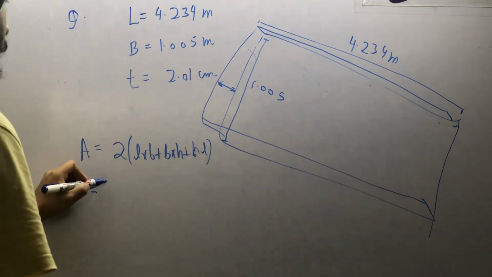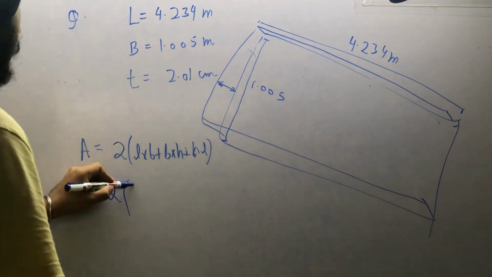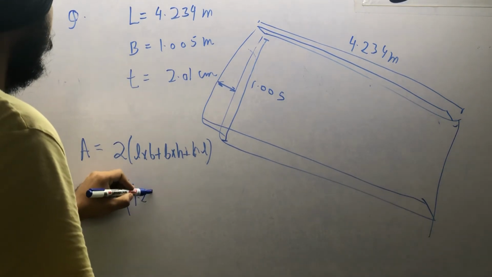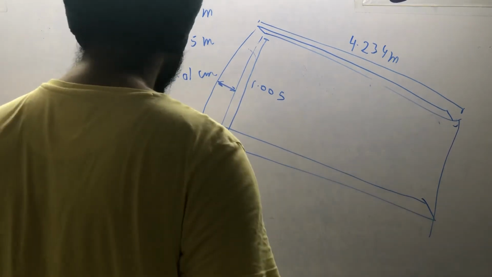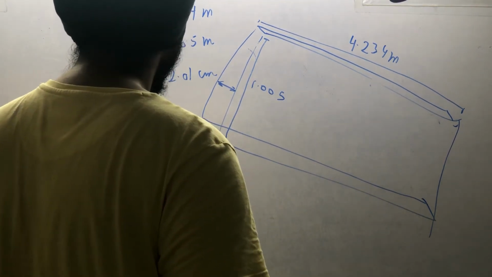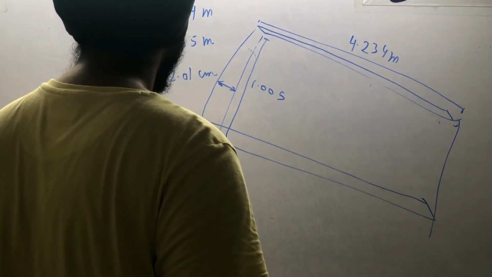Okay, so just write here 2 into 4.234, into 1.005.